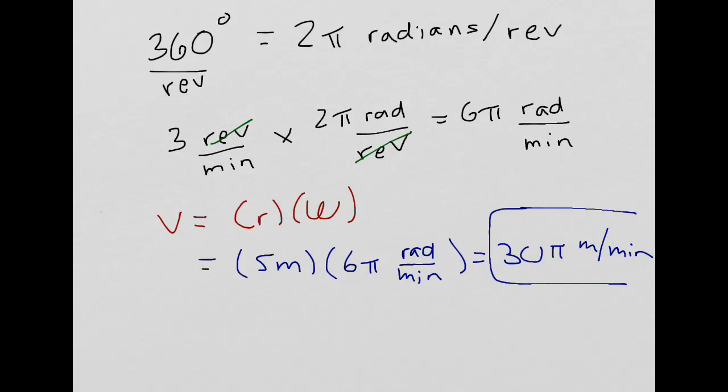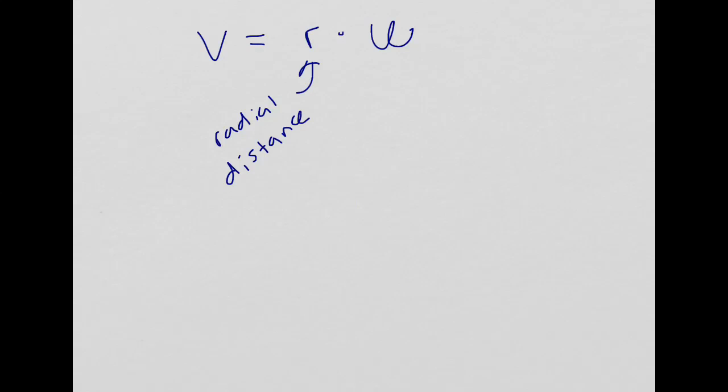So to summarize, we know that tangential speed or linear speed is equal to radial distance times rotational speed. And that's often written as V is equal to R times omega, where R is the radial distance and omega is the rotational speed.